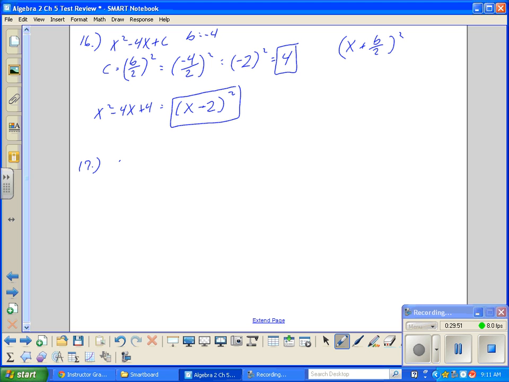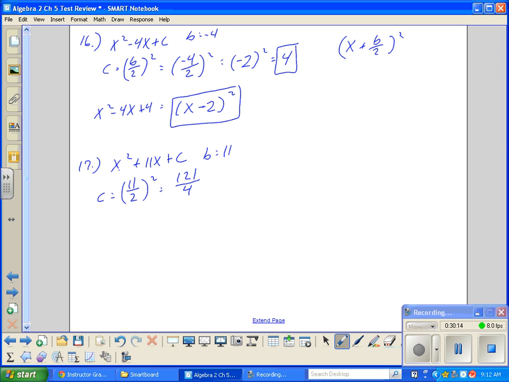17, same process. x squared plus 11x plus c. So our b here is 11. So c is going to be 11 over 2 squared. So 121 over 4.